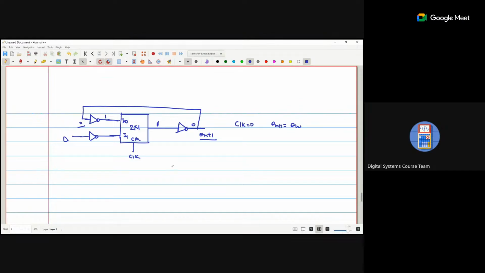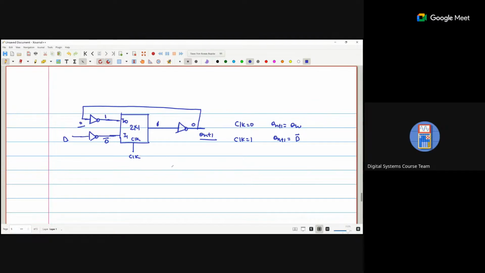Okay, and when clock is one, we are getting Qn plus 1 equal to D bar. Not D bar, we are getting D bar here.